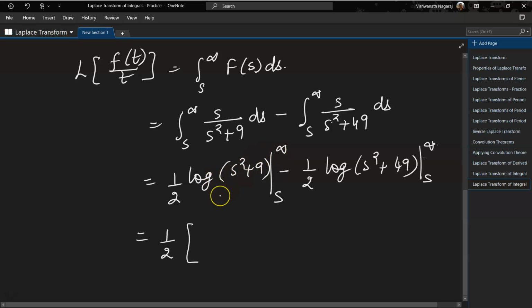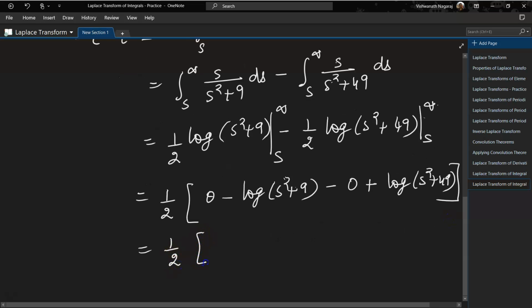Log of a large number becomes smaller and smaller, so it becomes 0. So 0 minus, when we substitute s, we don't really have to do much: s square plus 9. Minus 1 by 2, we have taken it out. This again, as it goes to infinity, becomes 0. Then minus into minus plus, we get log of s square plus 49.